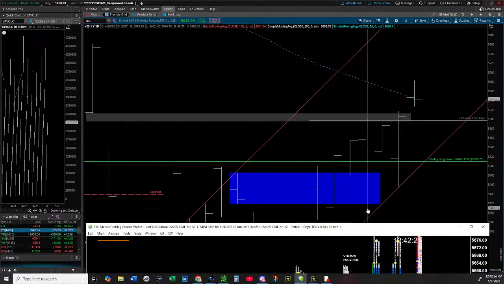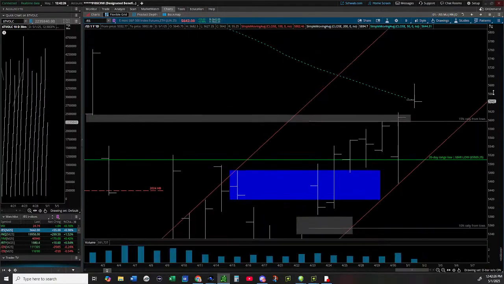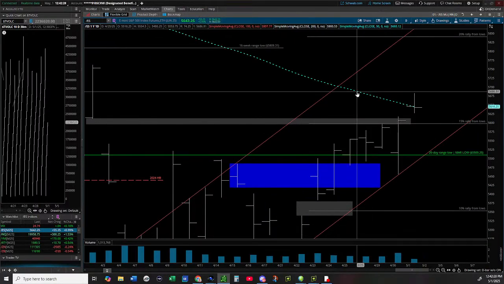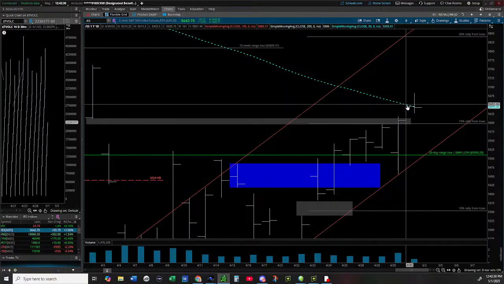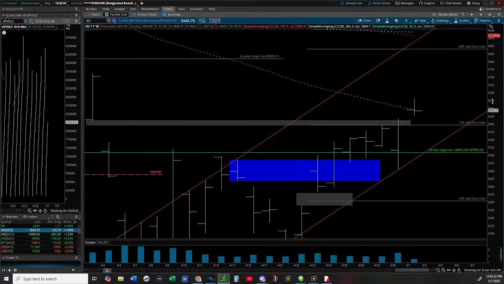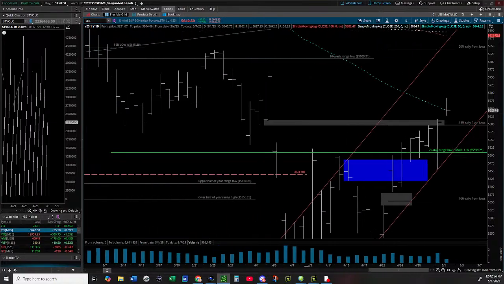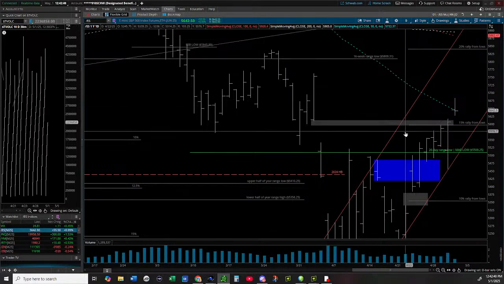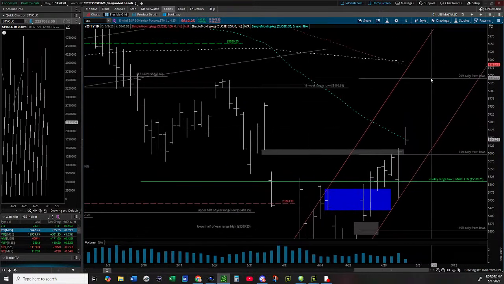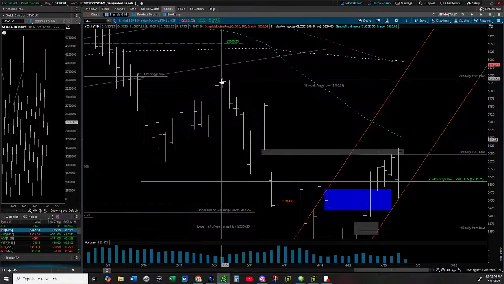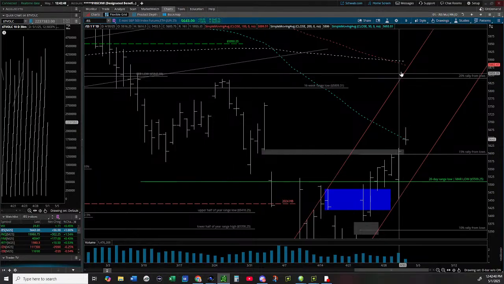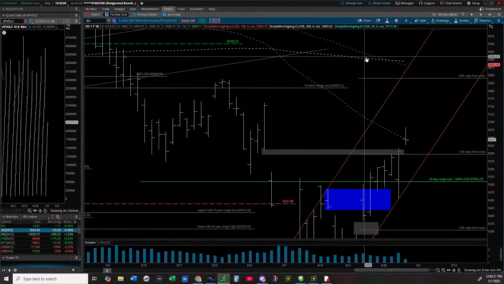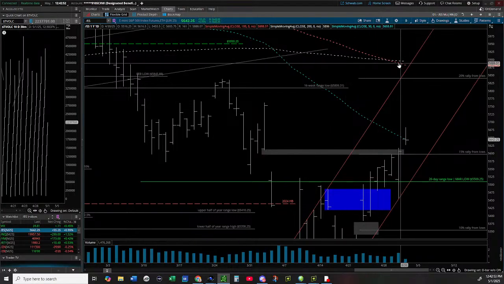Now, the next thing we have up here, the 50 moving average, a heavily watched reference for short time frame traders. The ultimate destination for me can be this high here, which is this high here, right? And look at what's happening now with the 200 and 100.